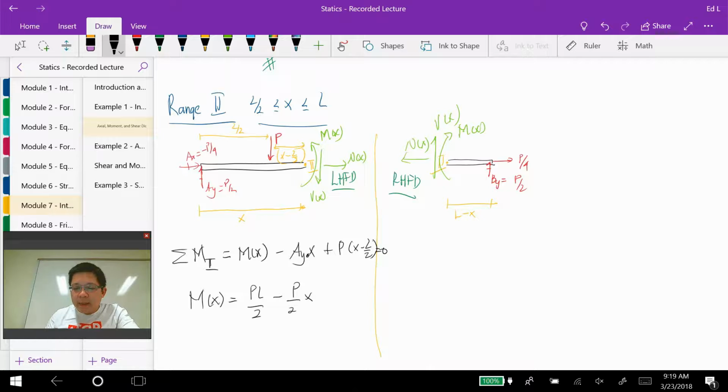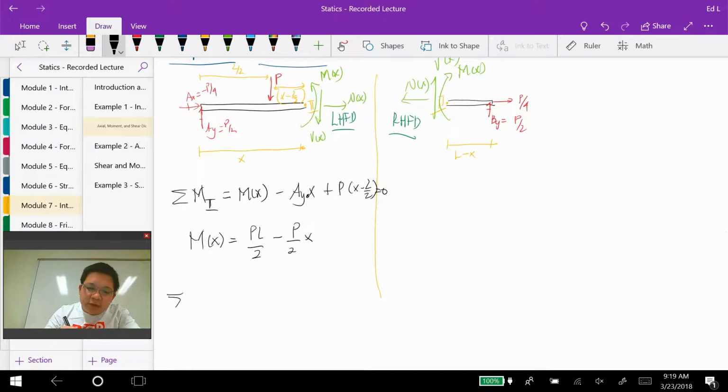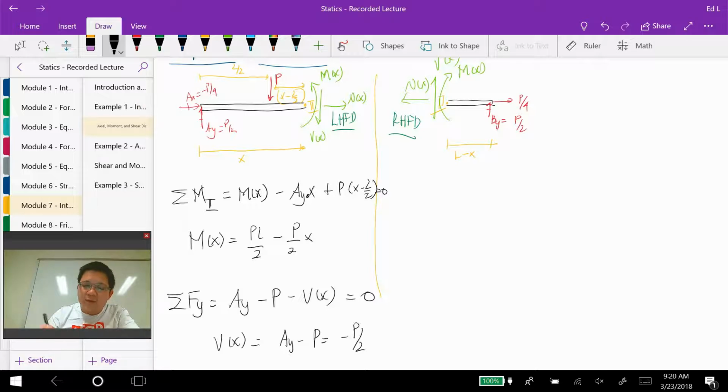When you simplify these expressions, I think you will obtain this. And then doing the sum of the forces in y, you will have AY minus P minus V of x, set equal to 0. You will obtain V of x is AY minus P, and AY is P over 2, so minus P over 2.